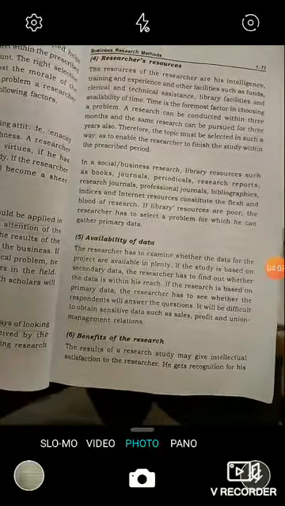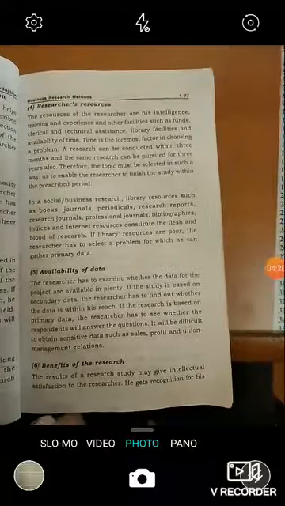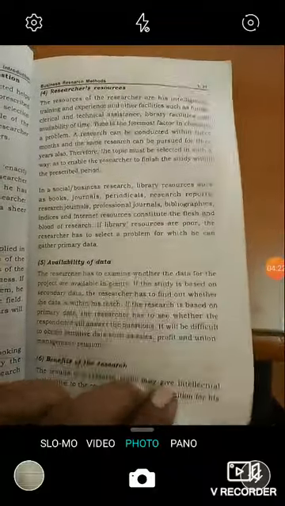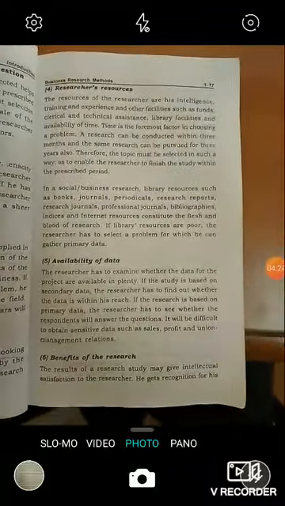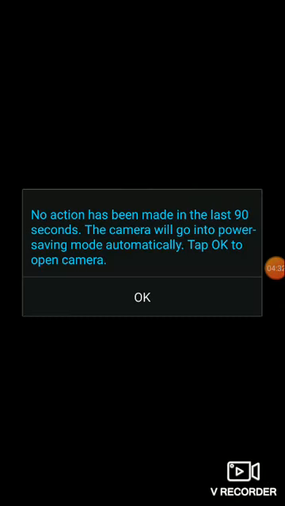So data is also required. Availability of data also decides the problem area of our study. Benefit of the research: if your research outcome gives benefit to others, that type of research problem or area you have to choose.